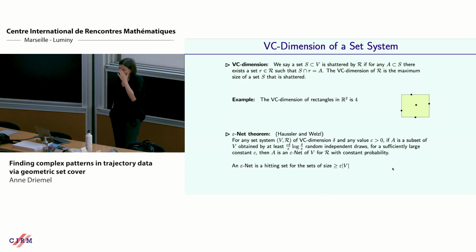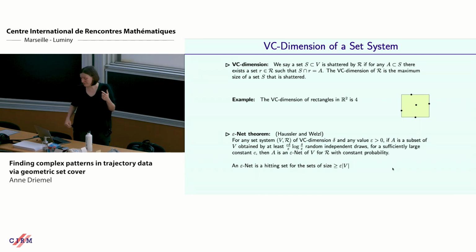The VC dimension is defined as follows. We say a subset of the ground set is shattered if, when we restrict our set system to this set, then all subsets of the set are contained in the set system.